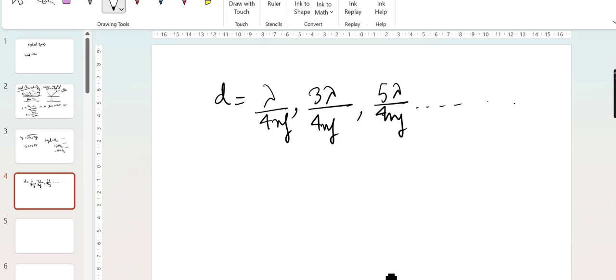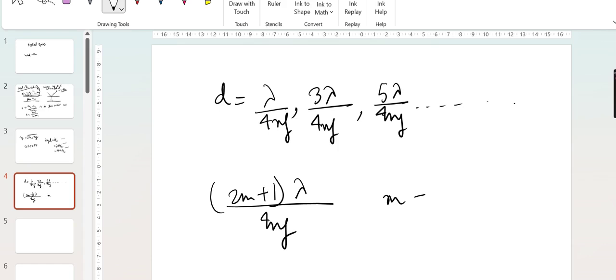It can be written as (2n+1) lambda by 4 n_f, where n starts from 0, 1, 2, and so on.